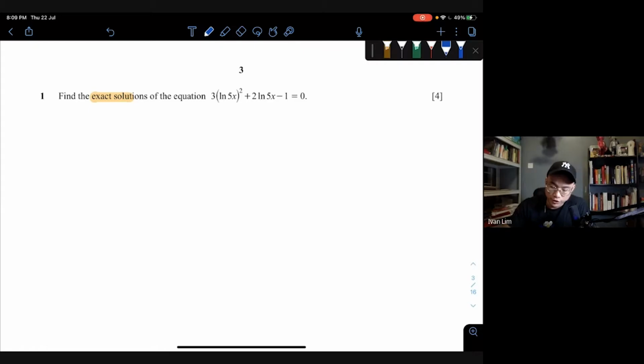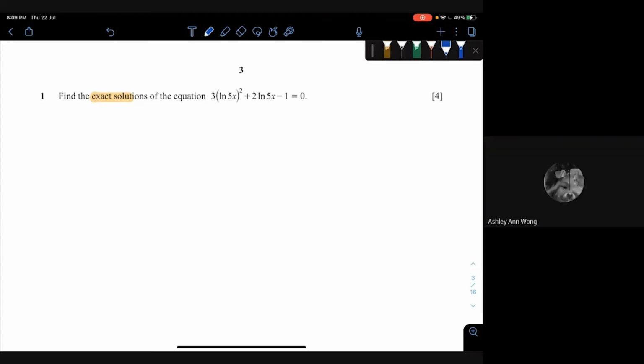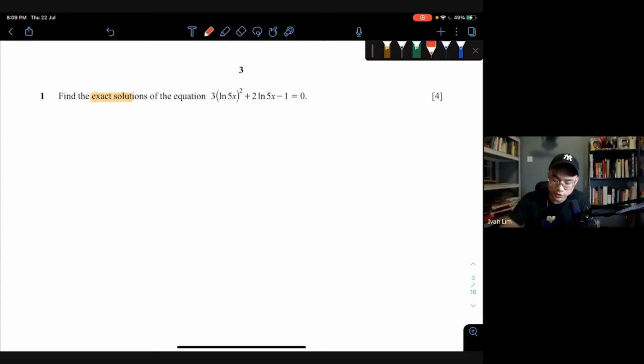Okay, for this one, 3 ln 5x squared plus 2 ln 5x minus 1, we can change it to what form? Quadratic. Quadratic, right? Okay, we can use the let method. Okay, we let so that we can simplify it. So what do we want to let? Let y equals ln 5x.